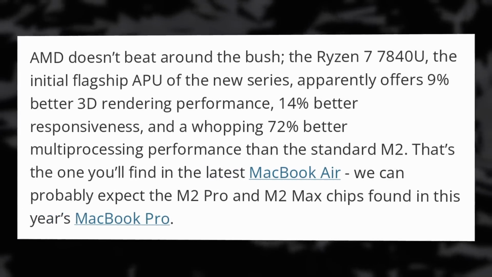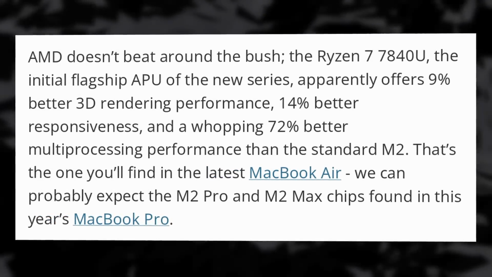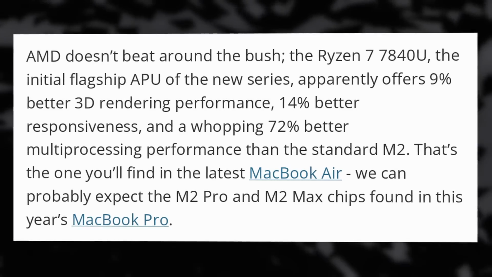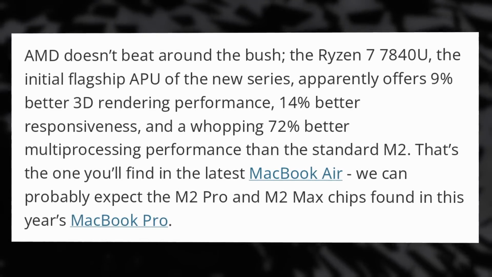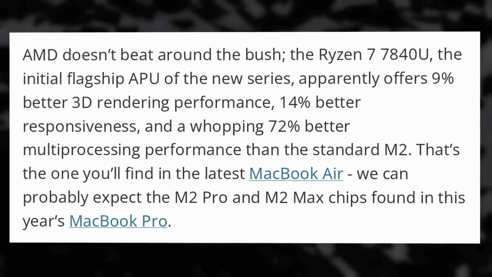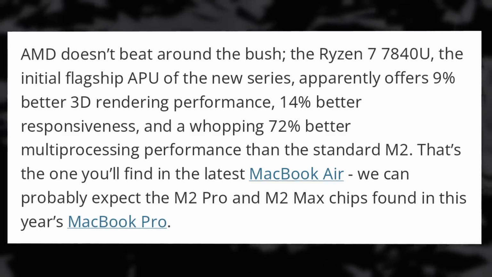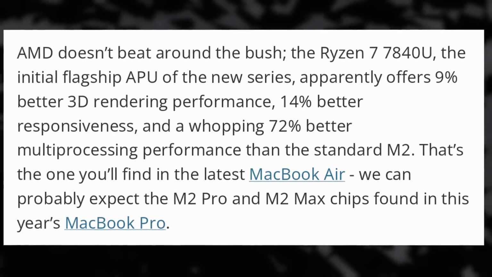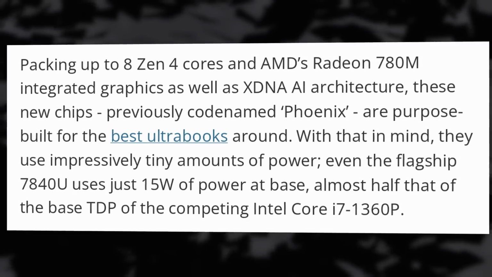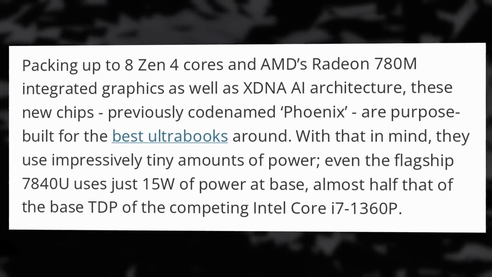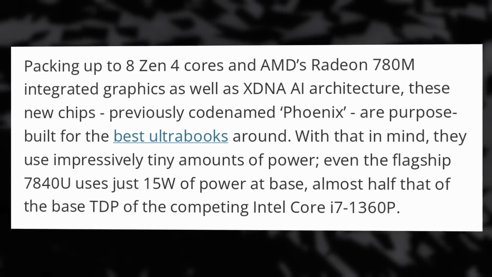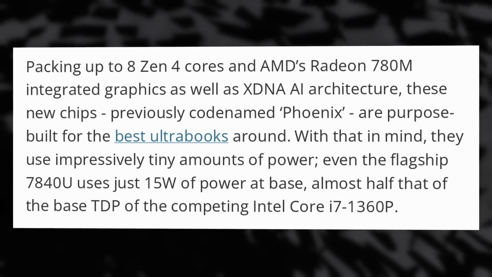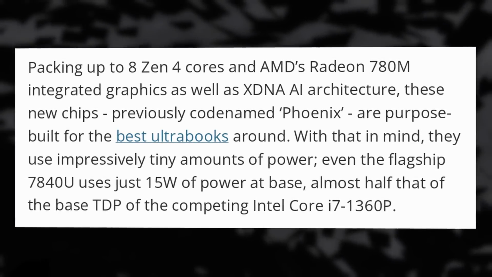Comparing their yet unreleased Ryzen 7 7840U APU to the M2 chip yields a 9% better 3D rendering performance and 72% better multiprocessing performance, plus 14% better responsiveness. Whatever that is and how you measure it, these new chips, codenamed Phoenix, use 15 watts of power, half of what the Intel competitors use, and less than the 20 watts of Apple's M2.